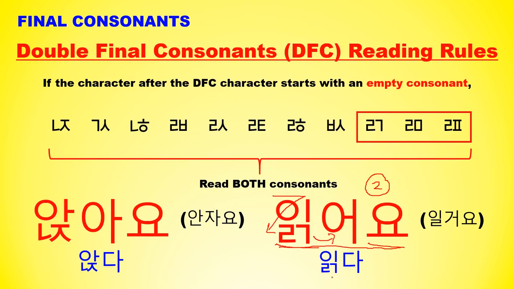Notice that I chose to read this consonant over here because, remember, this is a simple consonant, and since this is a combination of double final consonants that coincide with my Lego, remember Lego? I will read my second consonant. 읽다.